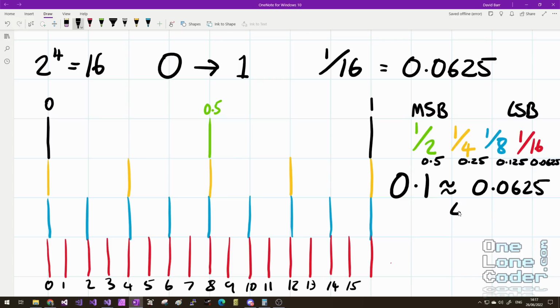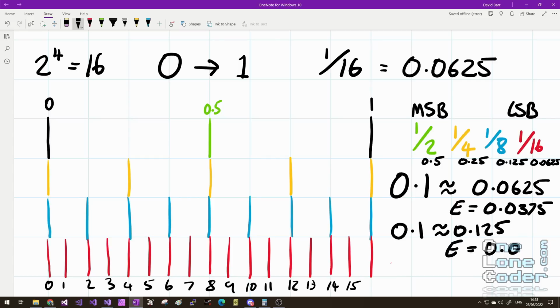Well, that gives us an error of 0.0375. Intuitively, however, I would look at this and say, well, surely the 0.125 is a better approximation. And indeed, if I did use the 0.125, then my error becomes 0.025, which is smaller.